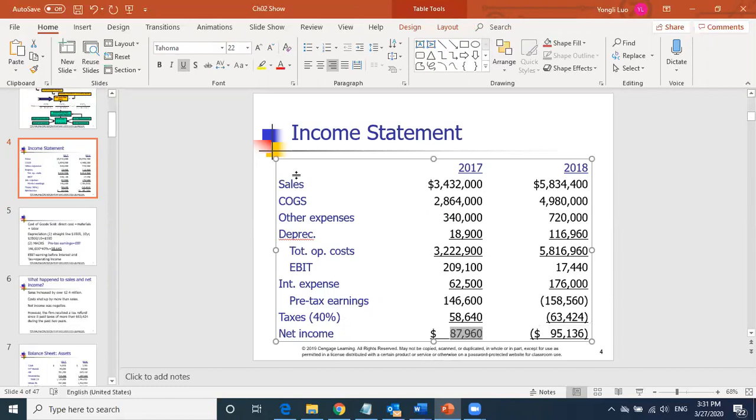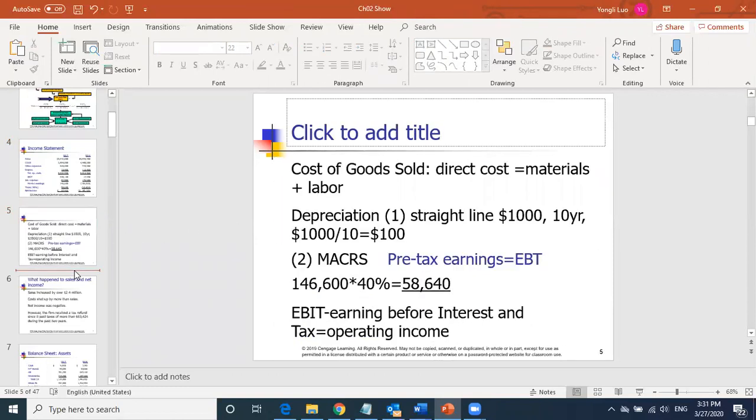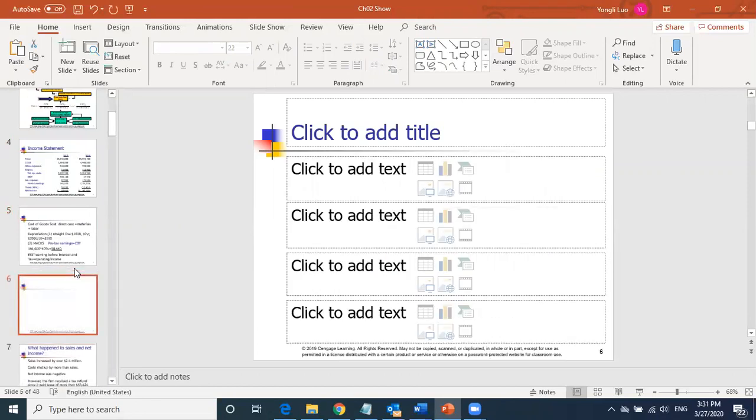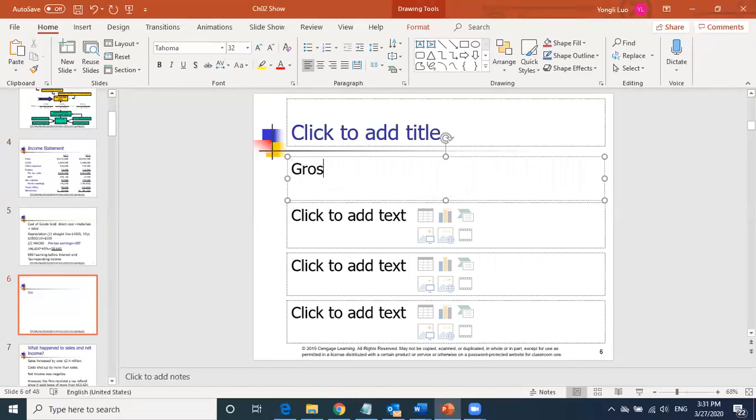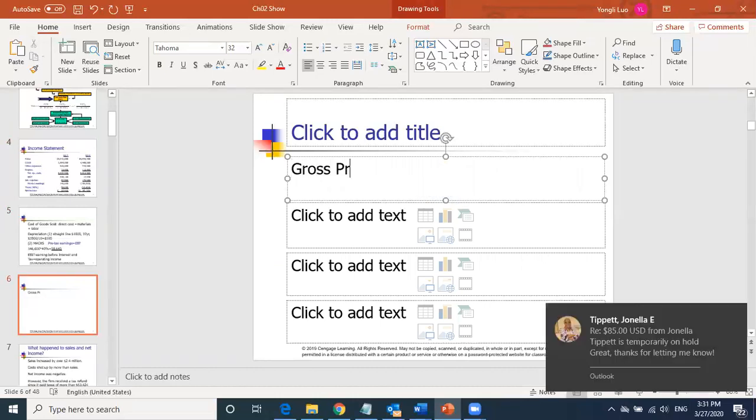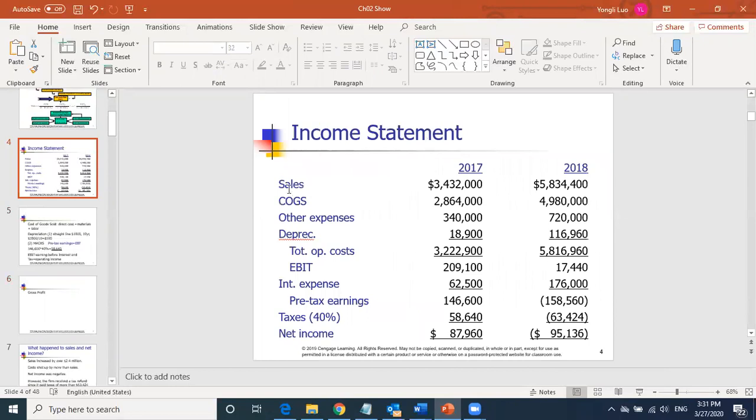Okay, good. So in the income statement, you need to know several important things. The first is your gross profit, or gross income. What is your gross profit?